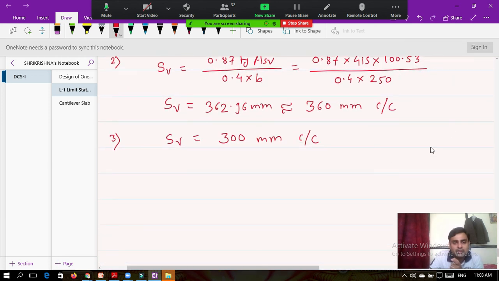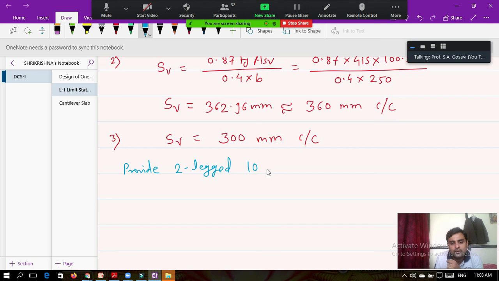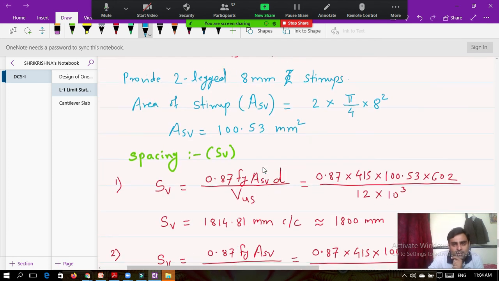So we will write our conclusive statement here. Provide two-legged, 10 mm or 8 mm? What is the diameter we have provided? 8 mm.